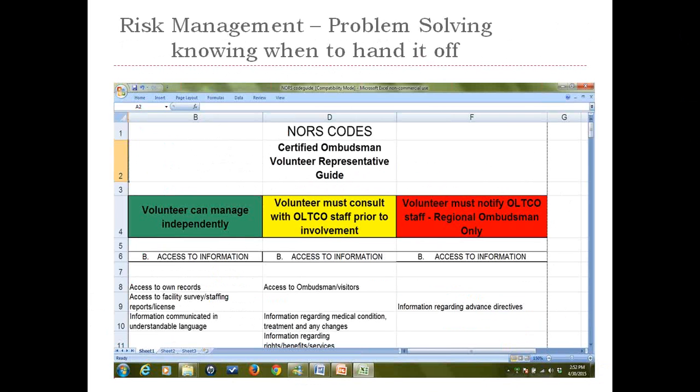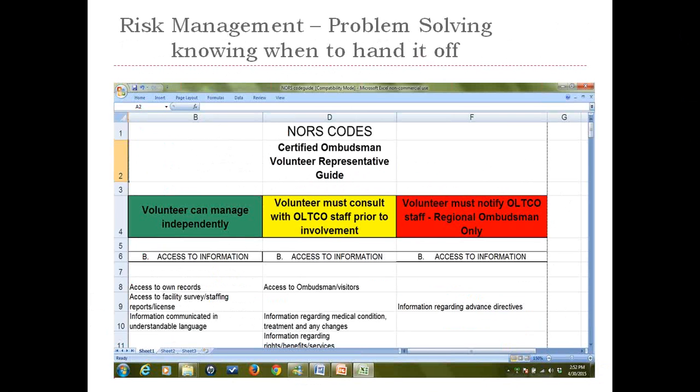If it's a controversial situation, then the regional is going in, handling it, and then once it's resolved, leaving the facility. Where the volunteer visits once a week for approximately 2 hours, it may be a rehashing of that conflict every single time the resident or the family sees that volunteer in place.